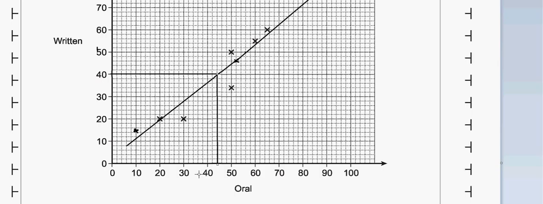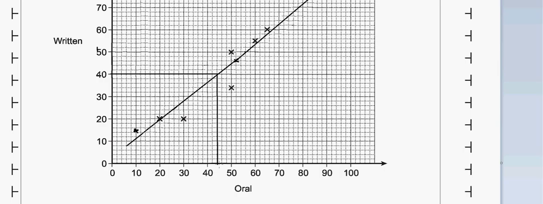Okay, so here if he scored 40, this line is saying, this is the spread of data and this would predict the results of any student that didn't sit one of the exams. So if he scored 40 on the oral, according to this line, he would have scored 40, 42, 44 marks.